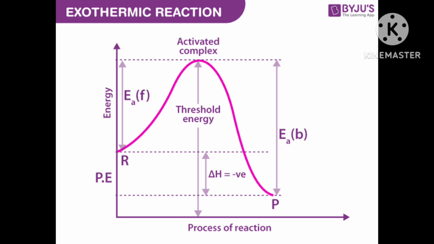Suppose you have increased by only 10 degrees, it will actually be observed that the rate becomes roughly doubled. I have discussed that at high temperature collisions will be more, and if you increase the temperature by 10 degrees, then experimentally it is seen that the rate doubles.